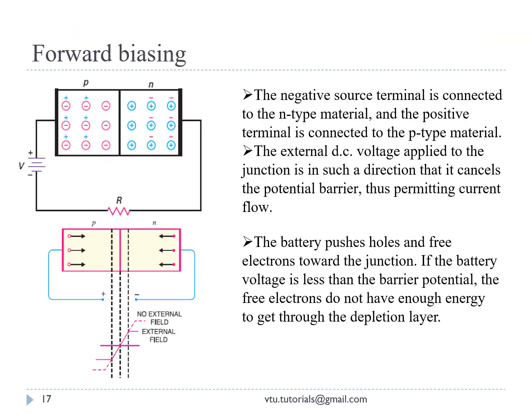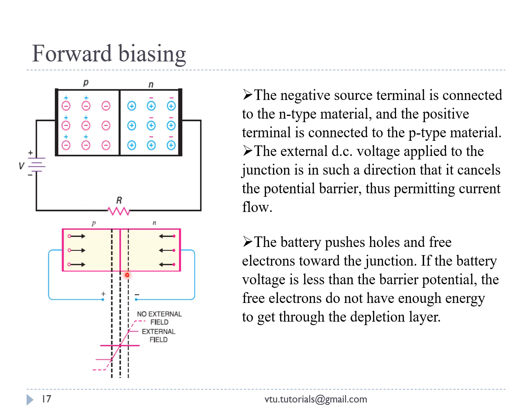Forward biasing of the PN junction. In forward biasing, the negative terminal of the voltage source is connected to the N type, and the positive terminal is connected to the P type. The external DC voltage applied to the junction is in such a direction that it cancels the barrier potential.